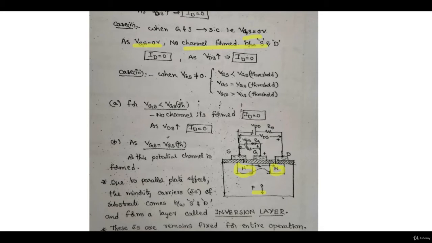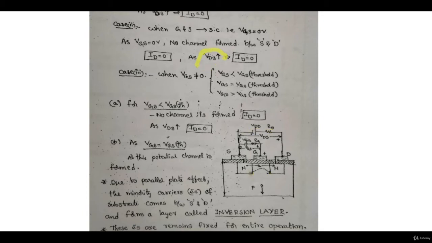This is your body and this is your gate. You are tweaking the value of VGS. In the second case also, you won't have any current even if you change the value of VDS, because the channel is not formed till now.